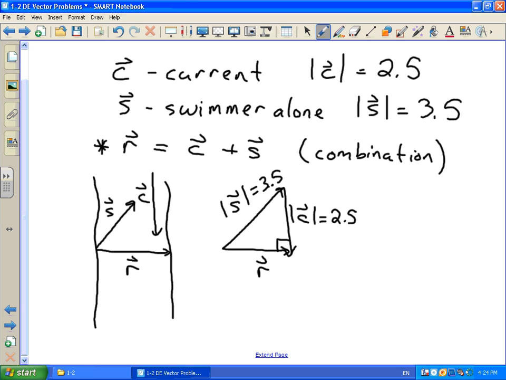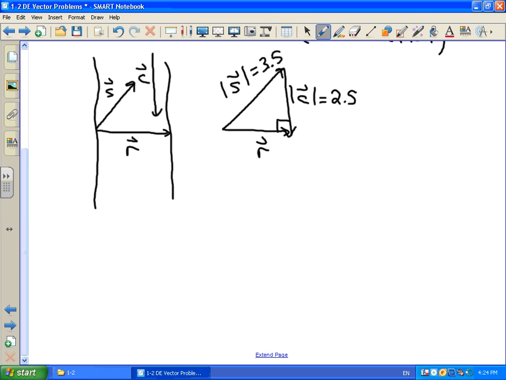So the angle that we want is the angle between C and S, the angle between the swimmer's path and the current. So let's think about what we want here. The angle that is easiest for us to find is this one in here.